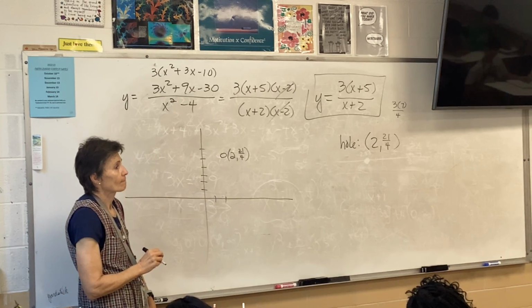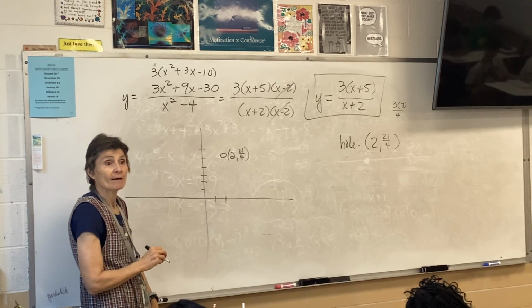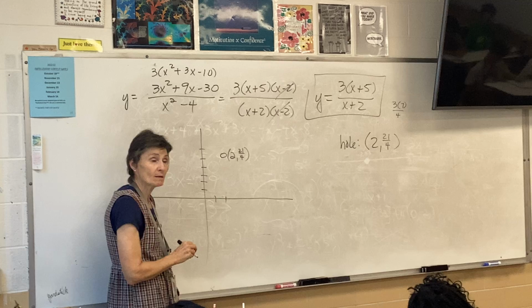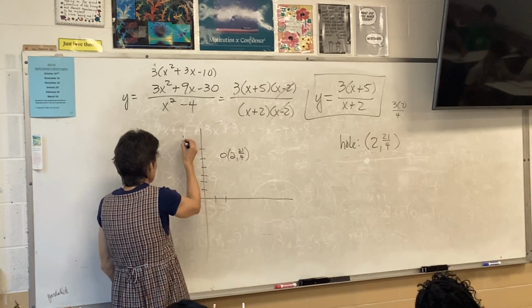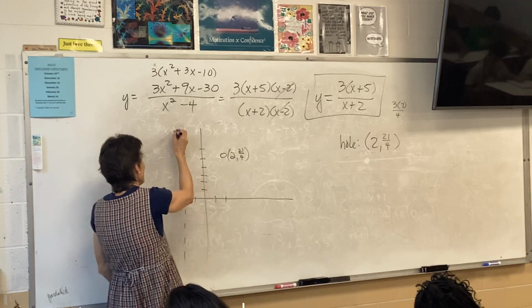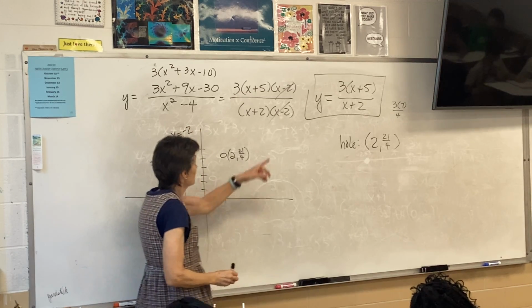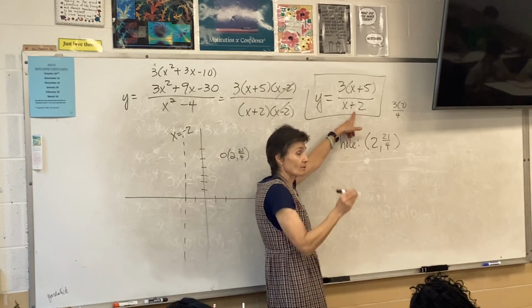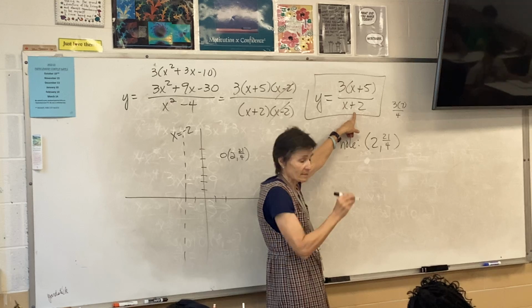Now what? I'm going to have a vertical asymptote where? At x equals -2, because vertical asymptotes come from the denominator. X cannot be -2. That's a vertical asymptote.